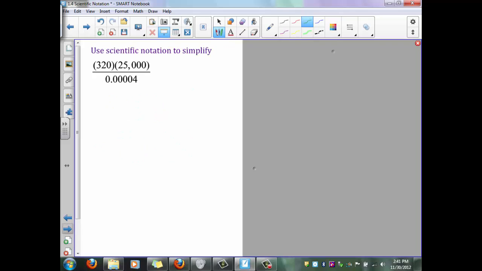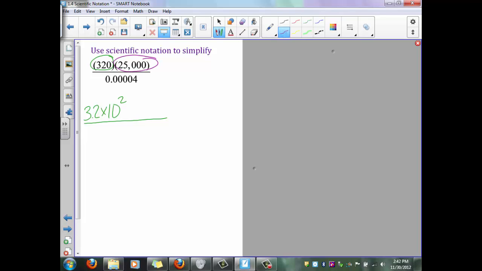And last but not least, we can use scientific notation to simplify computations that look really hard. They look like it would just take a lot of time. But we can actually simplify it with scientific notation. So let's start. This 320, we can rewrite it as 3.2 times 10 to the second.